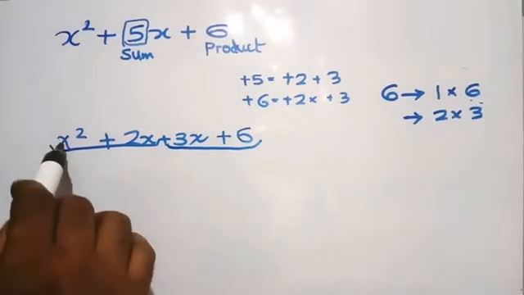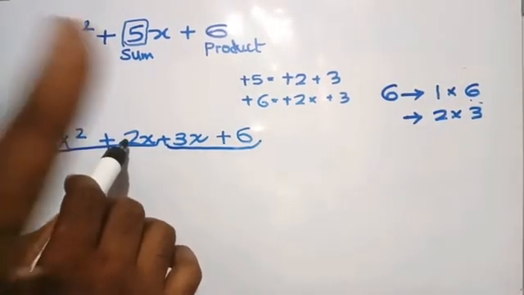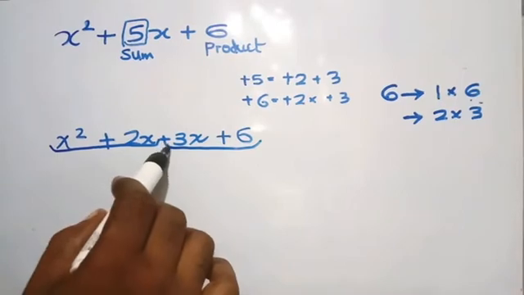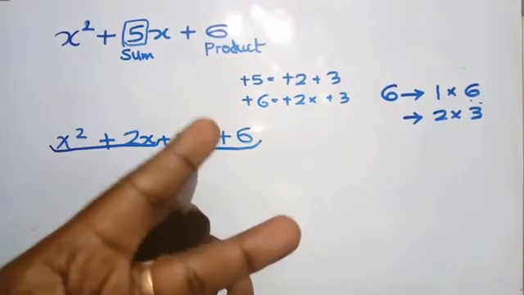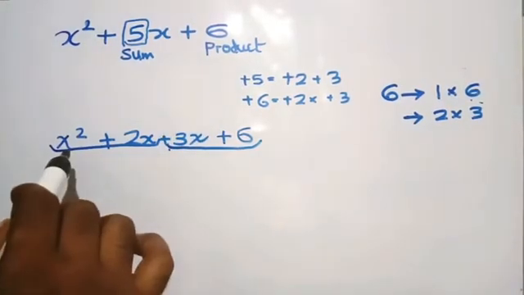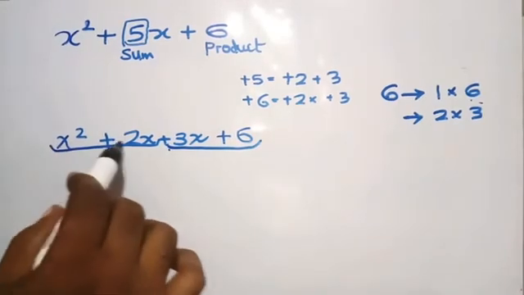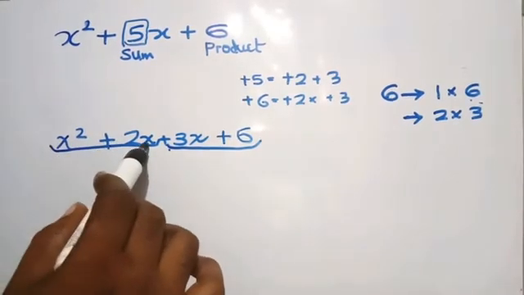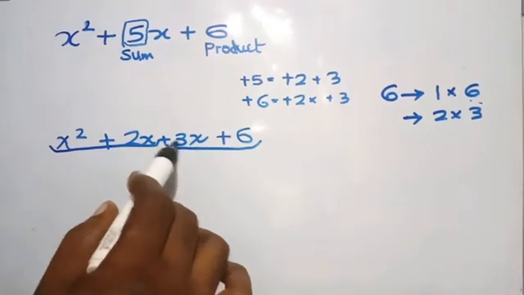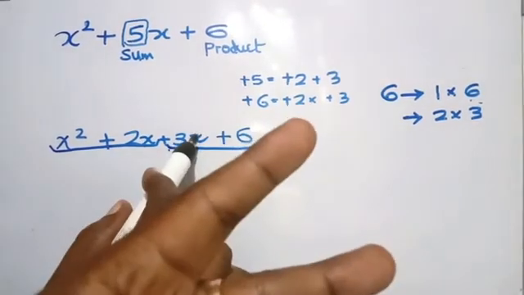So x squared plus 2x is the first group and plus 3x plus 6 is the second group.